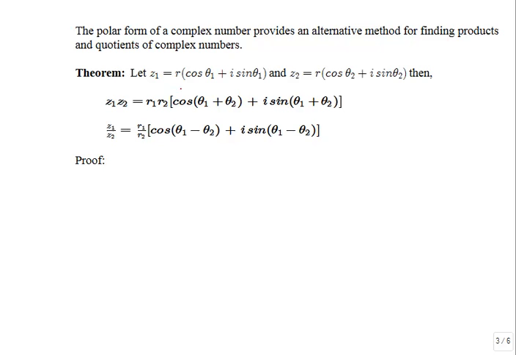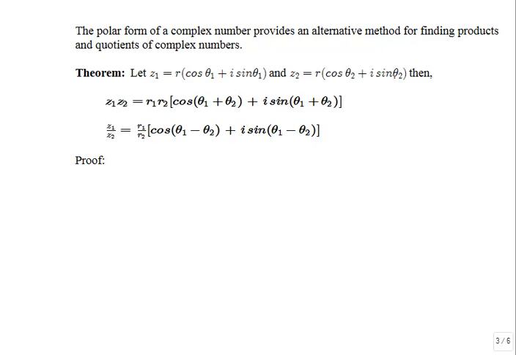So here's what the theorem says. Suppose that you have complex number 1, z1, is equal to r1 cosine theta sub 1 plus i sine theta sub 1, and our second complex number, z2, is r2 times cosine theta 2 plus i sine theta 2.